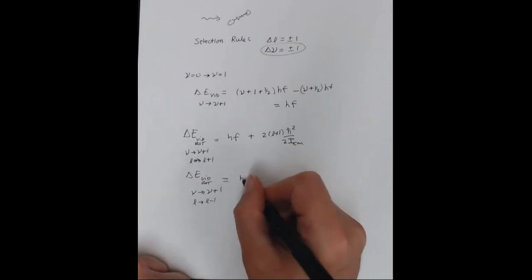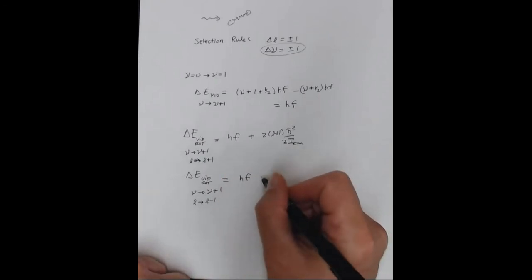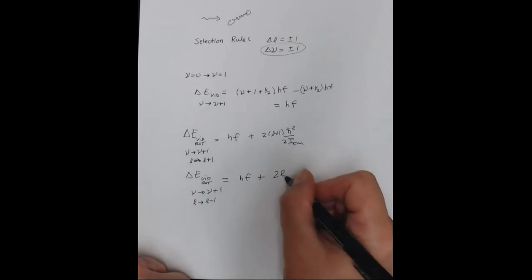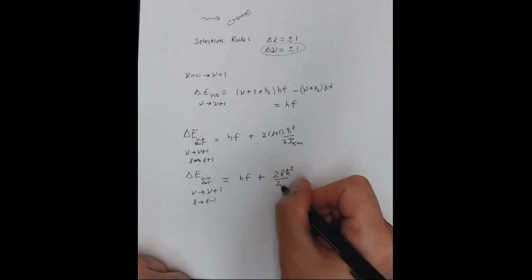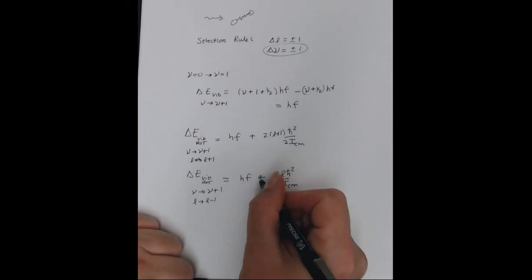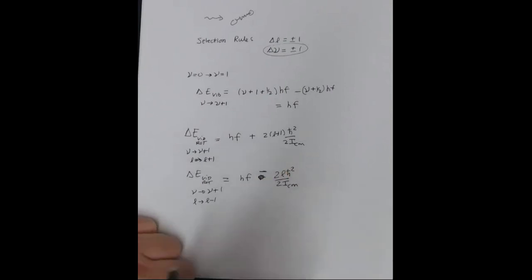That change in energy is going to be hf plus 2L h bar squared over 2I, the moment of inertia about the center of mass. Oh, I'm sorry, I think I need the negative sign here, right? Yeah.